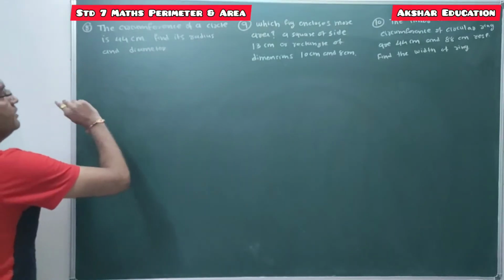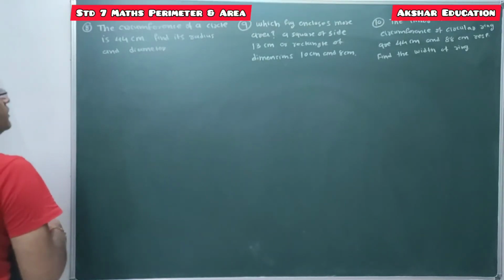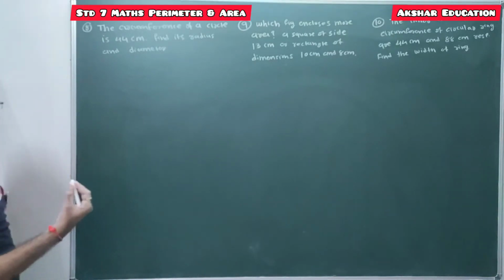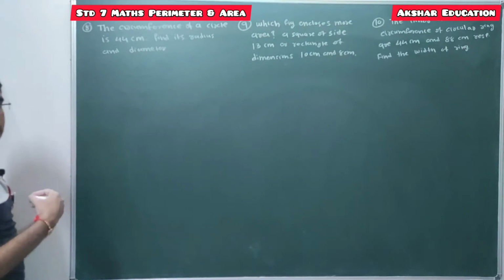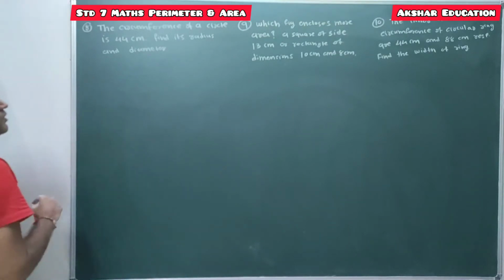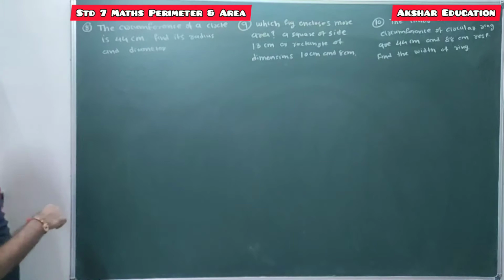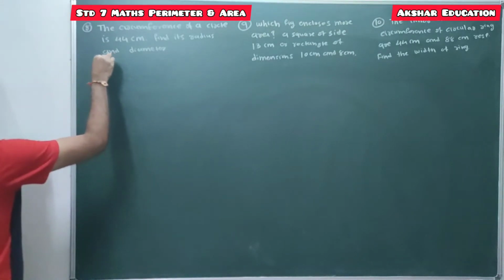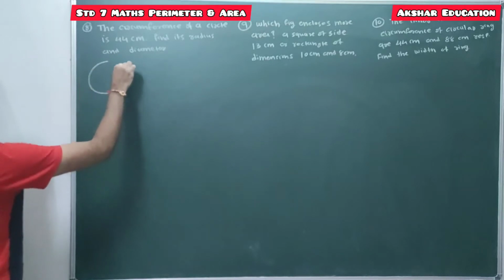8th question is there. The circumference of a circle is 44 centimeter. Find its radius and diameter. Normally we are given radius and diameter and we have to find the circumference. But for this sum, circumference is given and we have to find the radius and diameter of the circle. This is one circle with radius r.